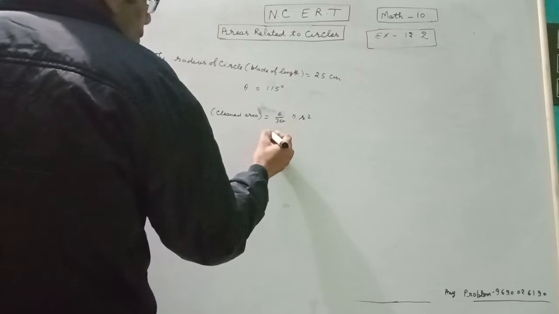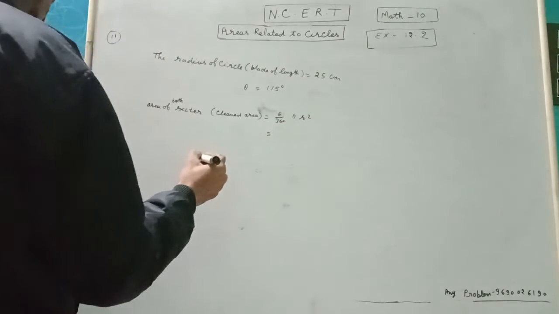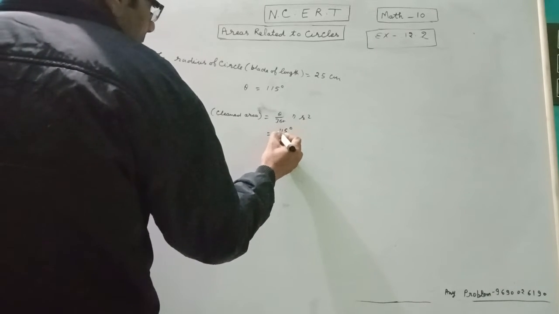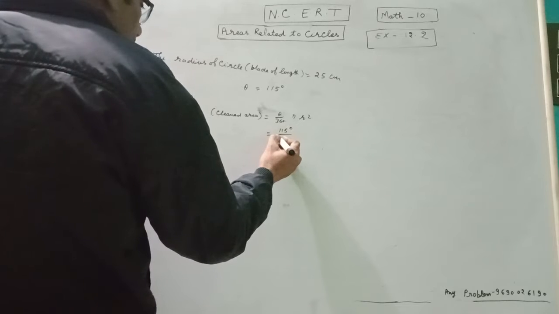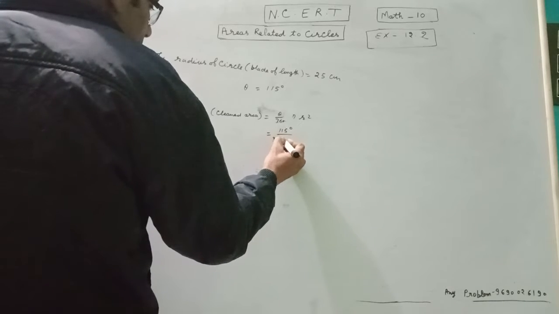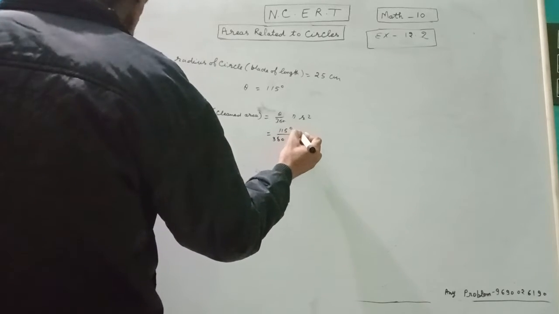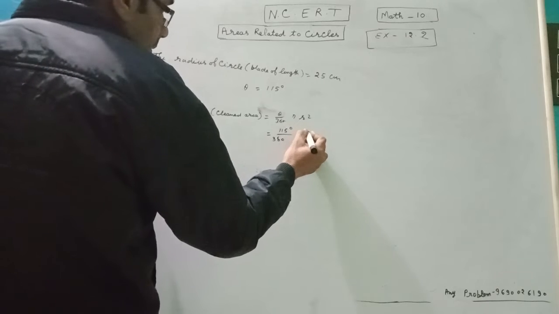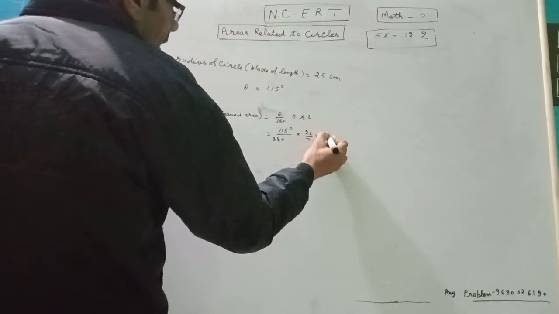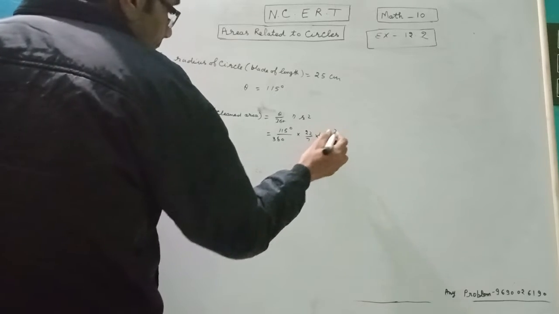R is equal to 25, angle is 115 degrees upon 360, pi value is 22 upon 7 into r value, which is 25.